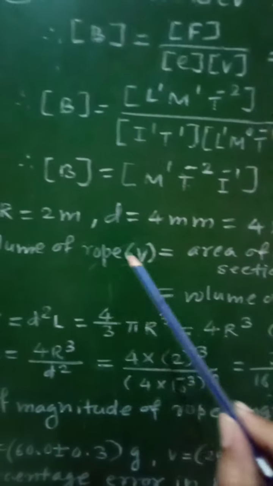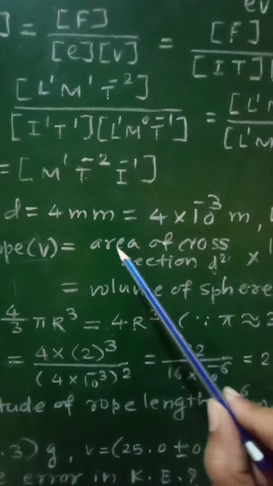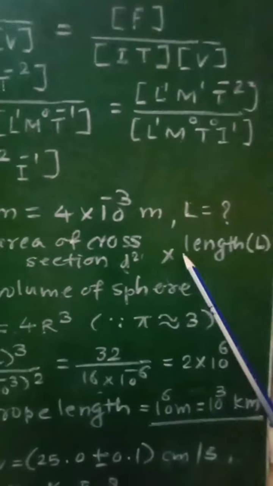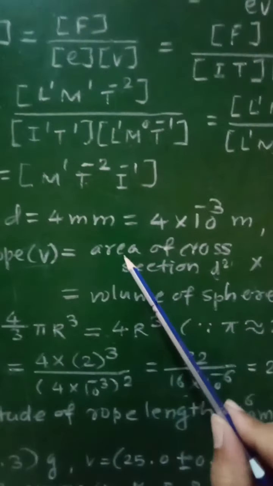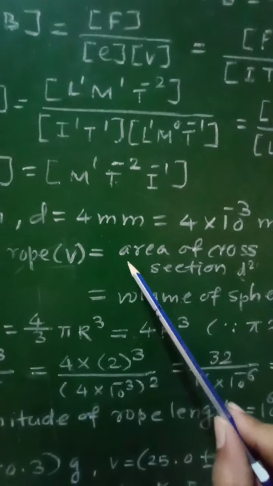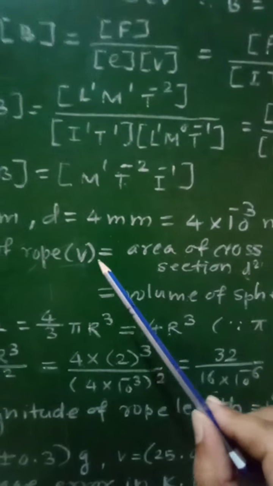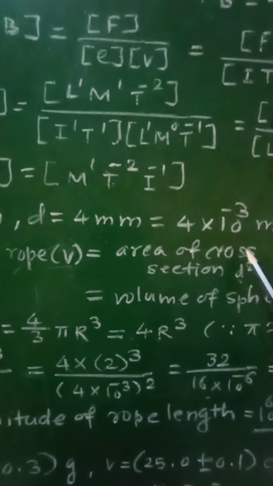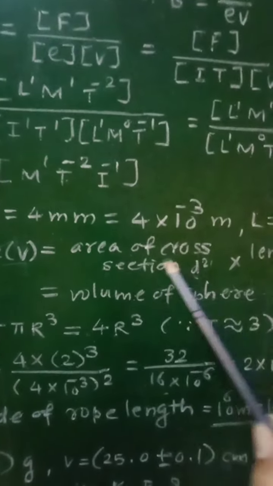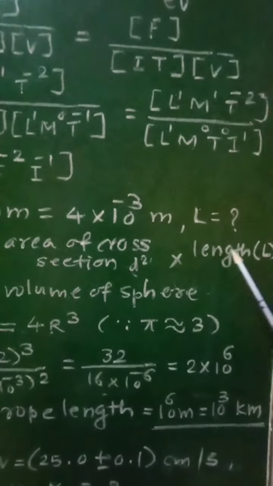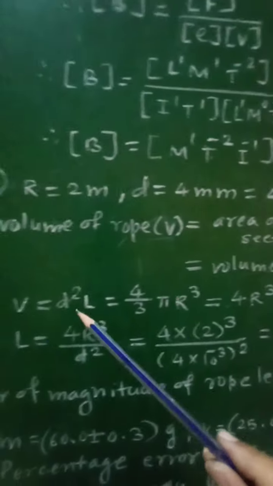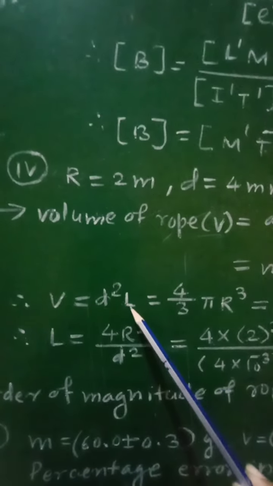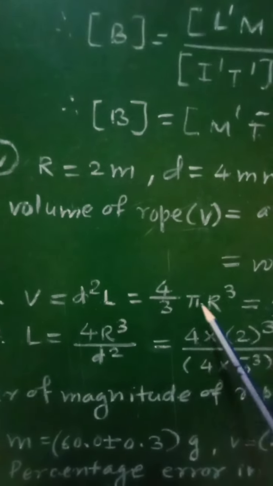But that volume of rope will be calculated by using the formula area of cross section, that is d square, into length L, because that rope will be in the form of a cylinder having square cross section, and therefore the volume of that rope will be equal to its area of cross section into its length. Therefore it will be written as d square L, that is area of cross section into length of that rope, must be equal to volume of that ball.